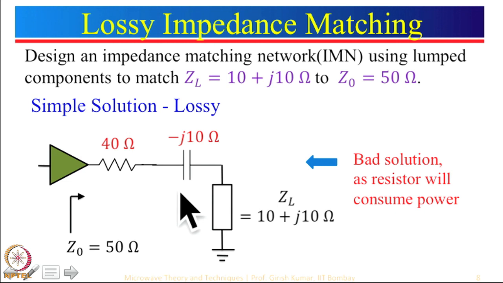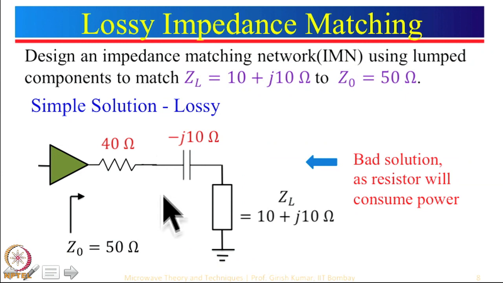And what are the lossless impedance matching networks? Well, we can use inductors and capacitors. Of course, inductors and capacitors also have small losses. You might know that an inductor is generally represented by a series resistor and series inductor. The series resistance value is generally very small, maybe 0.1 ohm to 0.5 ohm, which can be negligible.